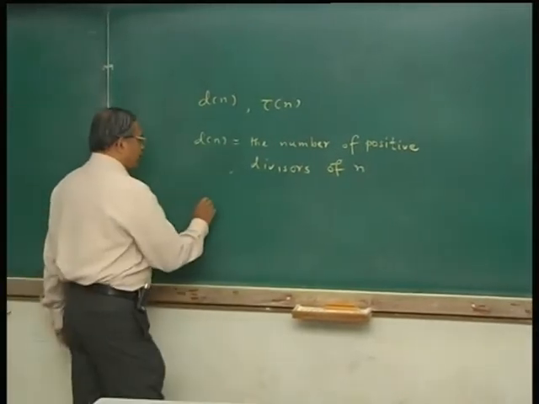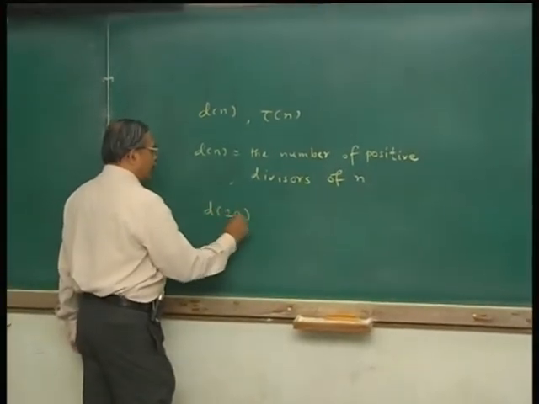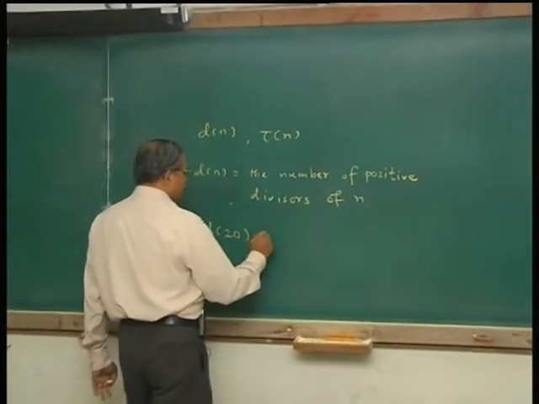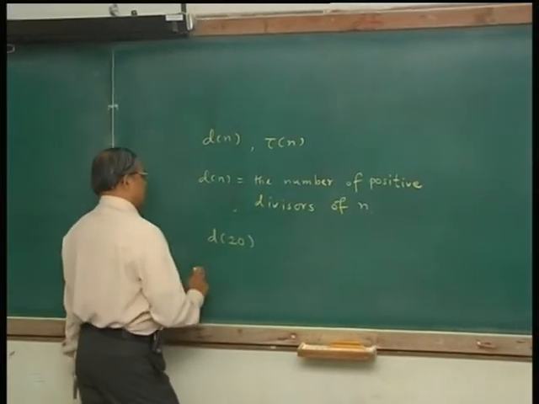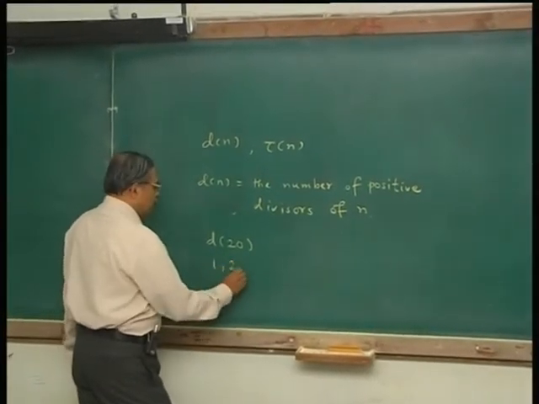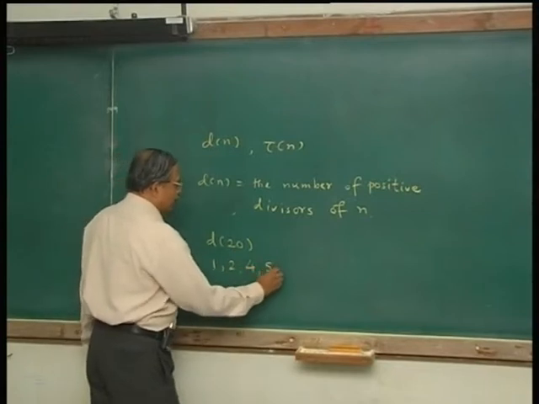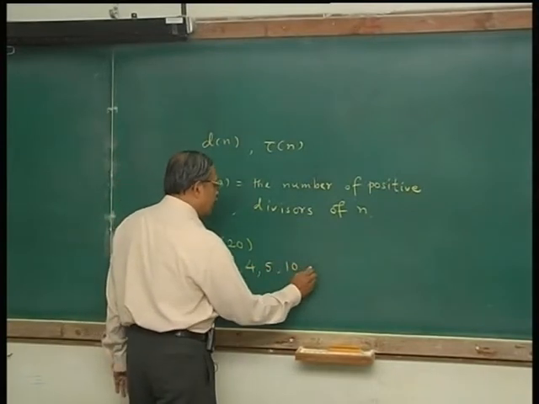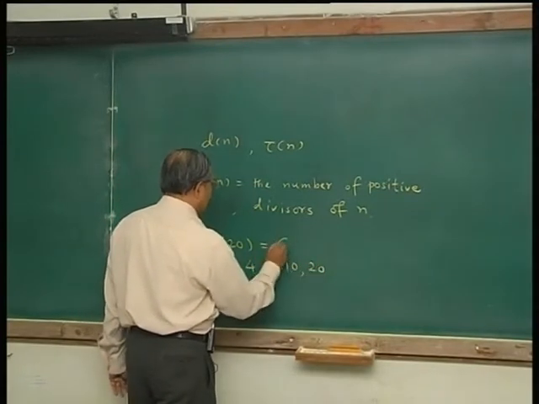For example, if I take the number 20, then 20 has divisors 1, 2, 4, 5, 10 and 20. So d of 20 equal to 6.